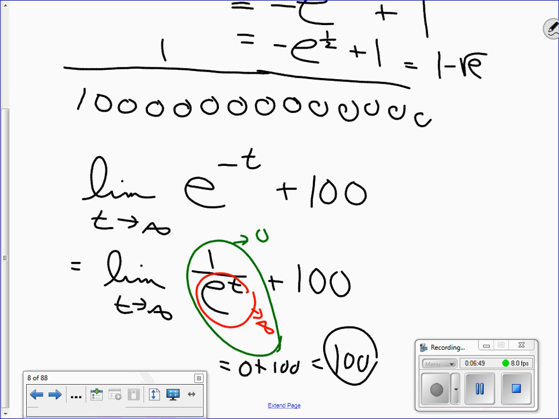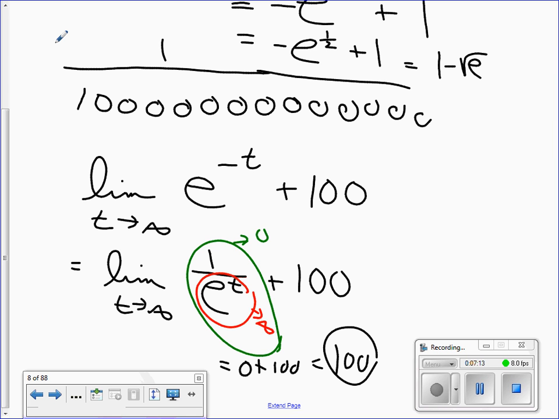Well, when you're talking about exponents, yeah. That's why you should never leave a negative exponent when you have to take a limit involving infinity. Rewrite it first, and then you'll have one of those cases. Your answer would just be infinity, though. You wouldn't write infinity plus 100. Just infinity.